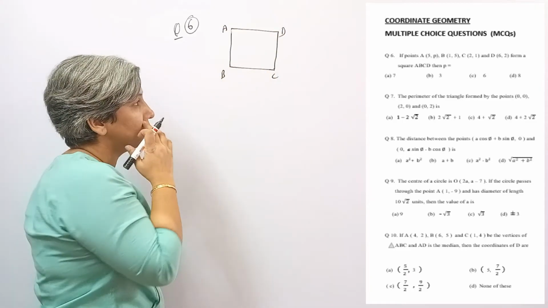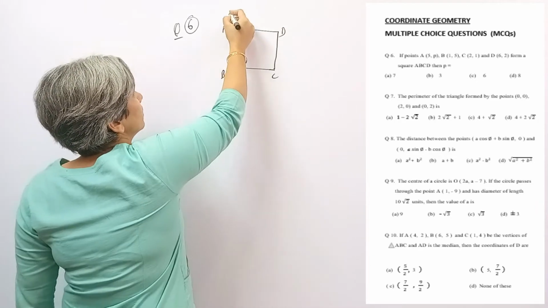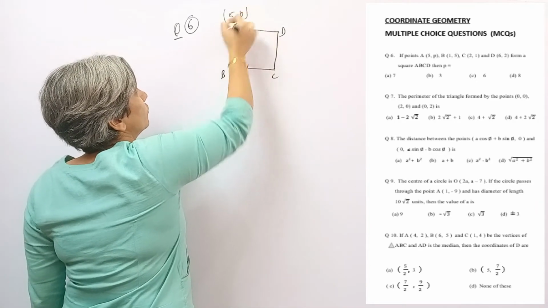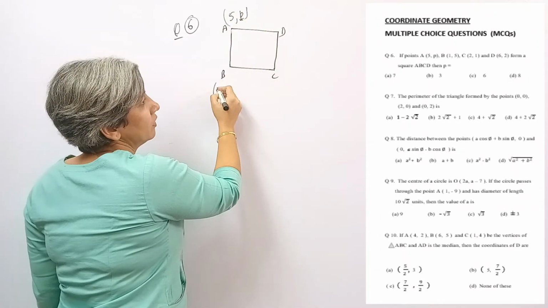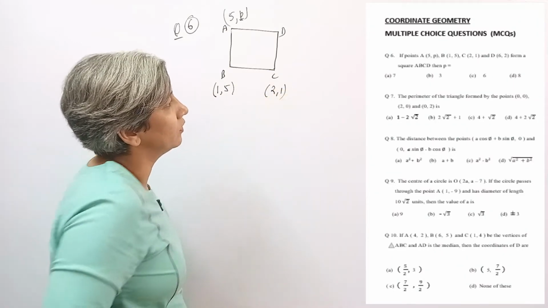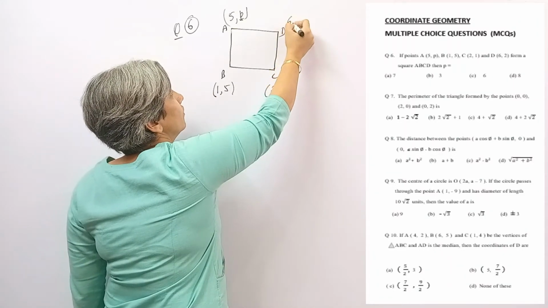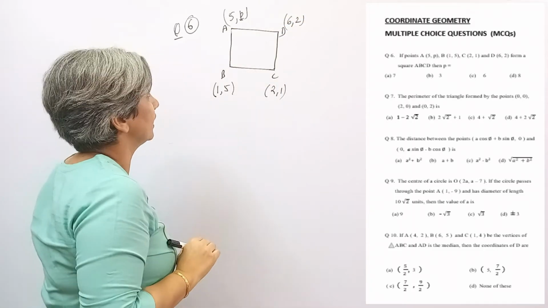And we have to find one of the unknown variables, A, which is 5, p, so we have to find the value of p. P is a variable, right? B is 1, 5. All other points are clearly given, 2, 1 and 6, 2. Fine. So now we have to find the value of p.